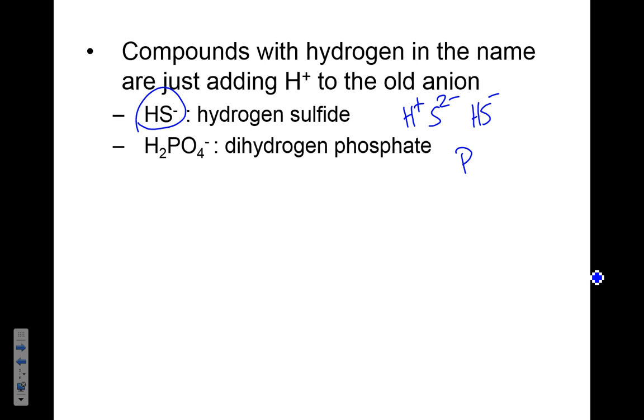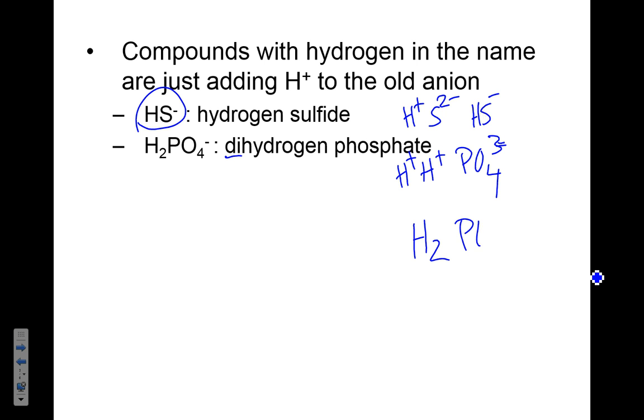That's where hydrogen sulfide comes from. Phosphate, which we're going to end up looking at later. How can I remember it's PO4 and it is a 3-? Well, we'll talk about that later. But if I have dihydrogen phosphate, di means 2. So if I stick 2 H pluses on here, I'm going to have 2 hydrogens.